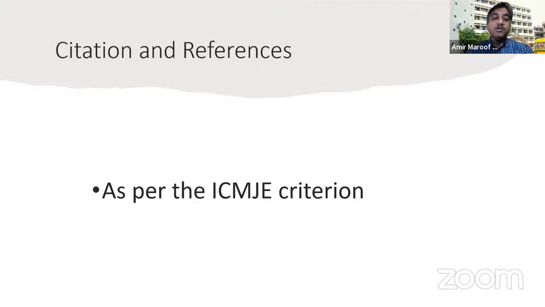You can use Mendeley, Zotero, EndNote, various software for writing, but it is highly recommended that after you have written the references, you check them manually, whether they are as per the Vancouver criteria, now called the ICMJE criteria. As per that, first you write the names of the authors, then the title of the article that you are referencing, then the year, and then the volume, issue, and page numbers.